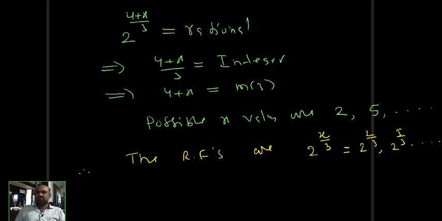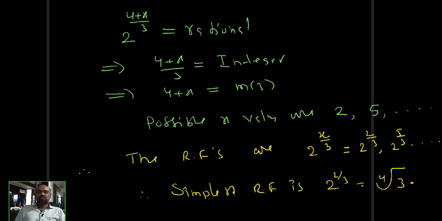Simplest means 2 power 2 by 3. Therefore the simplest RF is 2 power 2 by 3, that is equal to the cube root of 4. So in this problem also we got the same. This is the simplest RF of the cube root of 16.